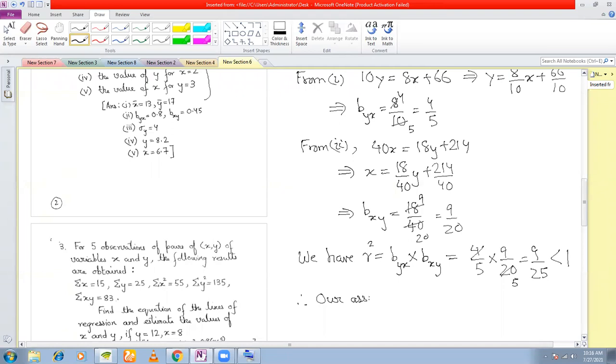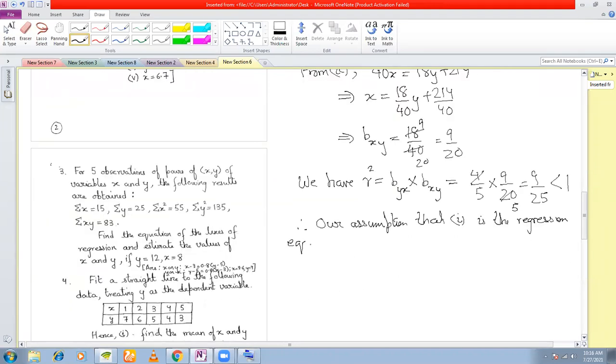Our assumption that 1 is the regression equation of y on x and 2 is the regression equation of x on y is correct.